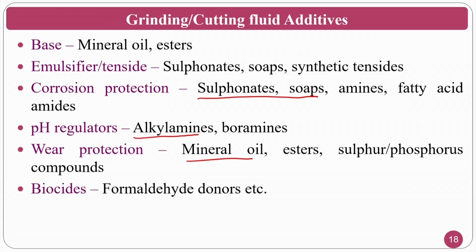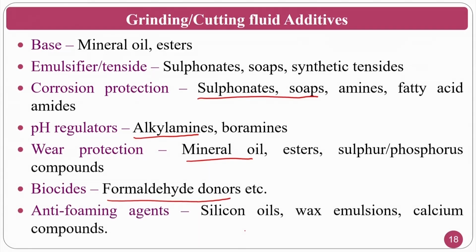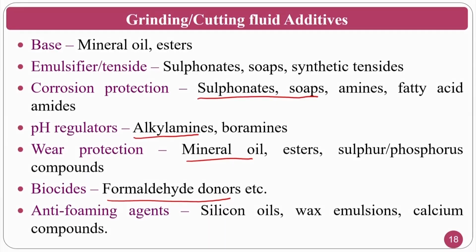For biocides, formaldehyde donors are normally used, and anti-foaming agents prevent foam in the machining region, so that visibility will be very good and it will not be interrupted by foam. Silicone oils, waxes or calcium compounds will be used as anti-foaming agents.